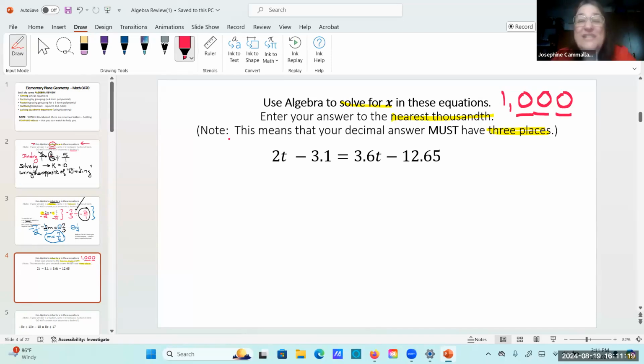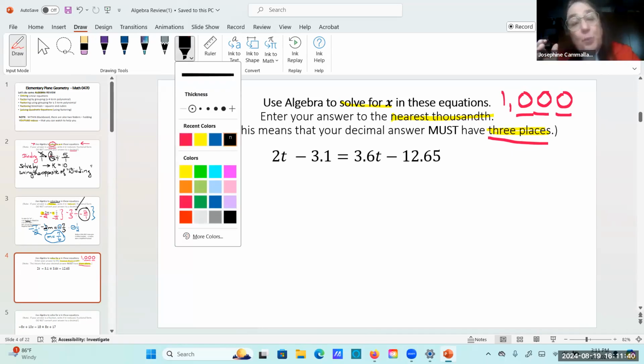If it has 3 zeros, that's how many decimal places I need. Now, with this one, I don't have a problem if you use a calculator, but you've got to give mom exactly what mom wants.